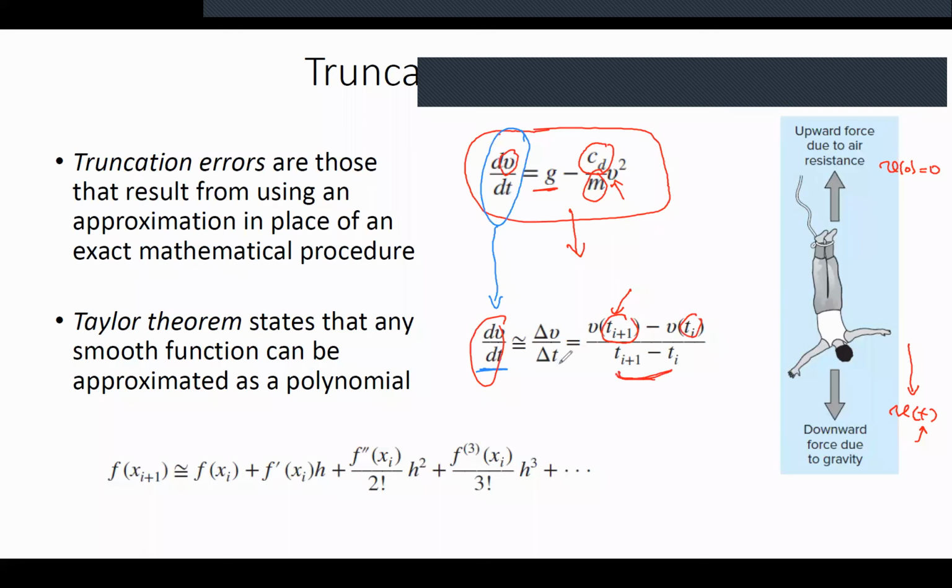So delta V over delta T. So there is an approximation here. Whenever we do such approximation, we'll have errors, and these errors are called truncation errors somehow.